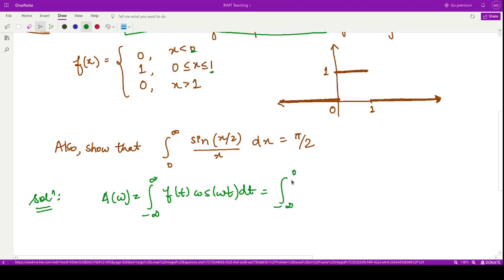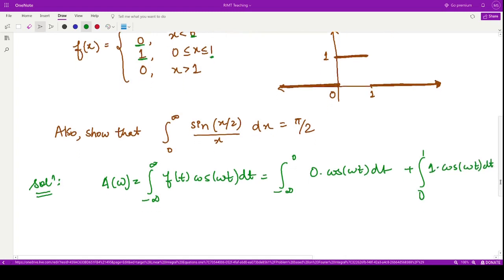In the first integral, from minus infinity to 0, the value of the function is 0, so you can write 0 times cos omega t. The next integral is from 0 to 1, where the function's value is 1, so we have 1 times cos omega t dt.